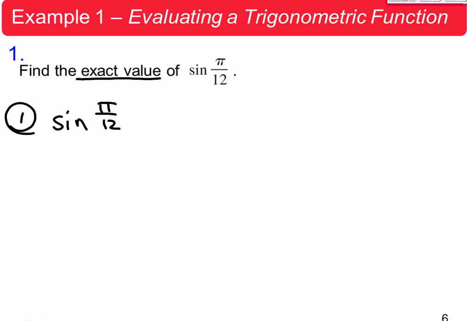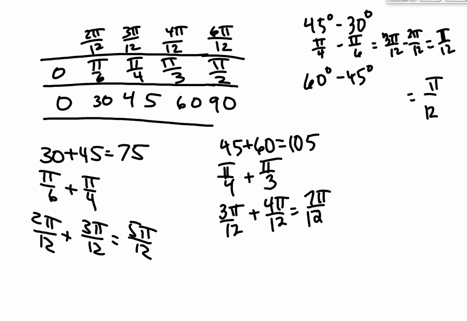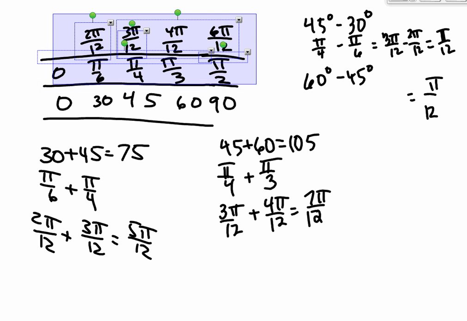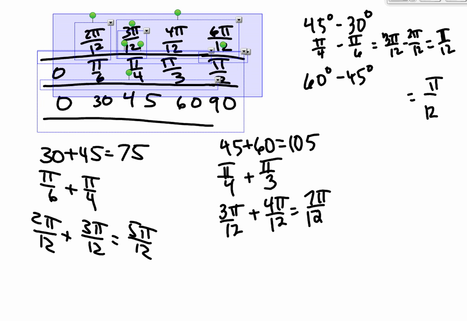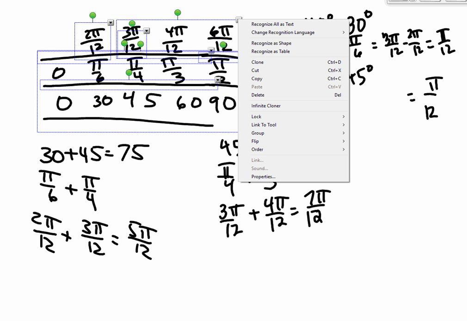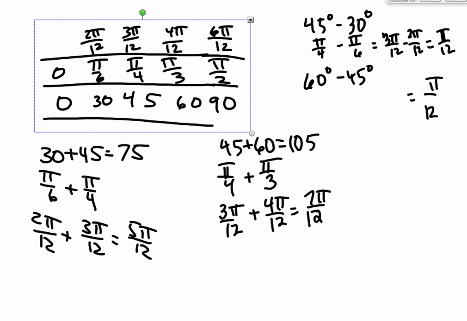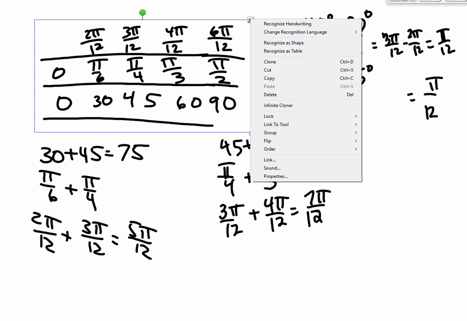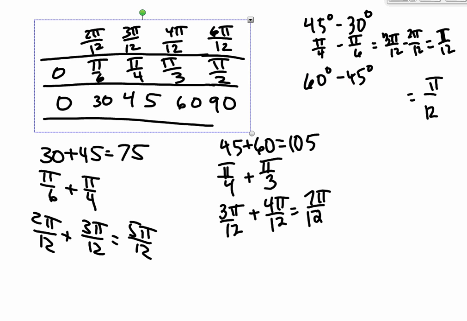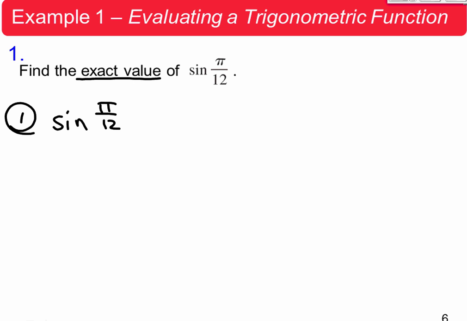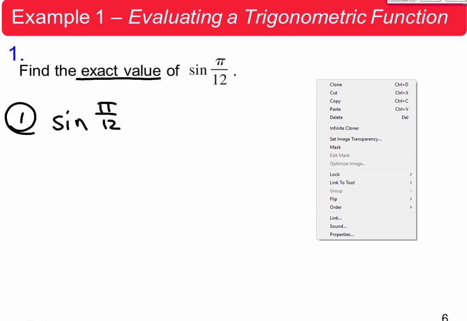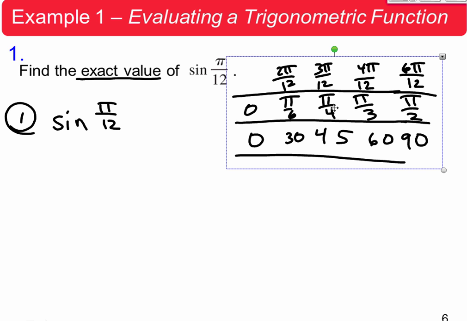I'll copy all that, and I'll group these together first so they're in a nice little group, and then I'll copy that. That's the deal: you have to be able to decide what that is.